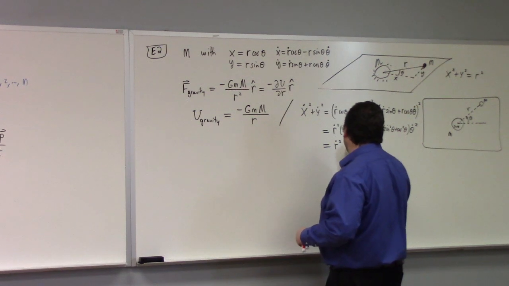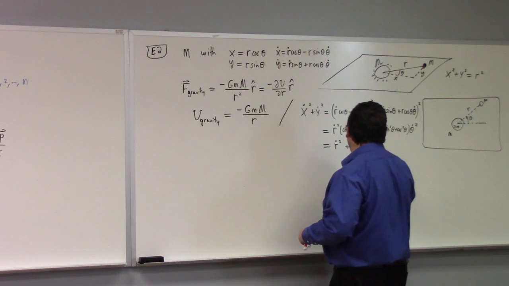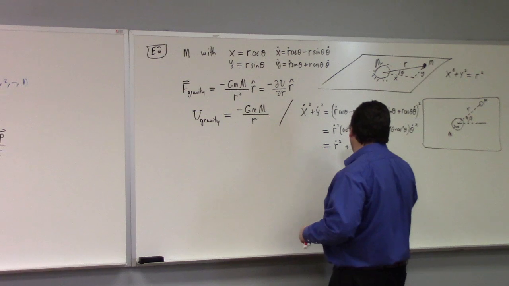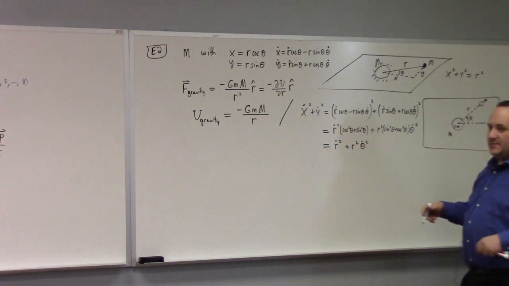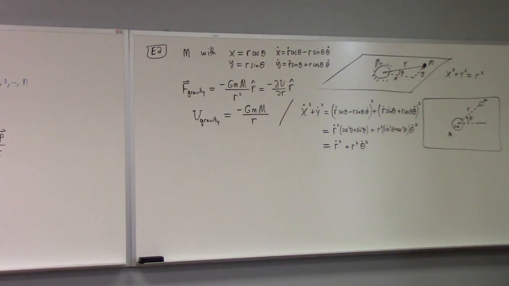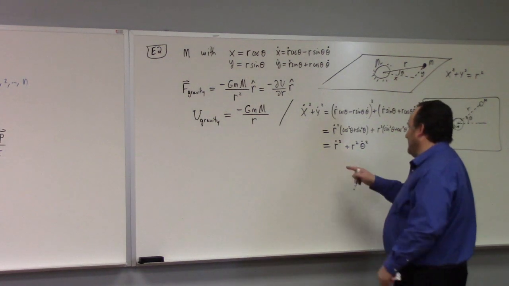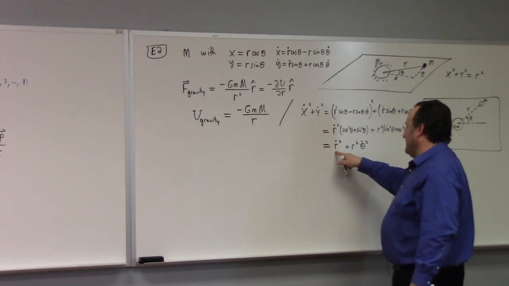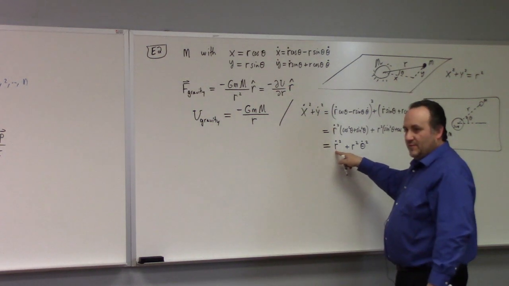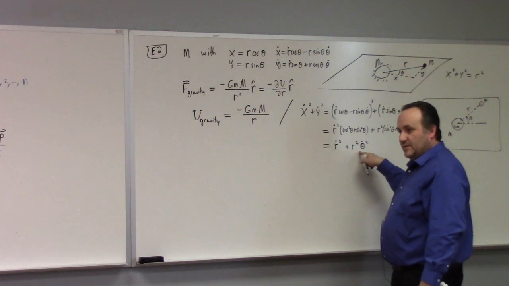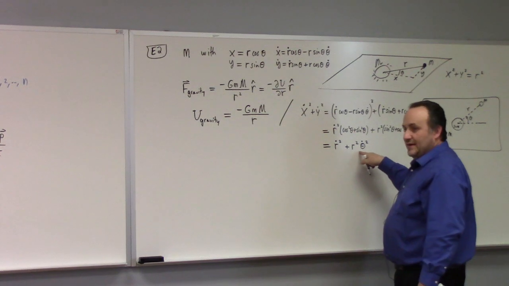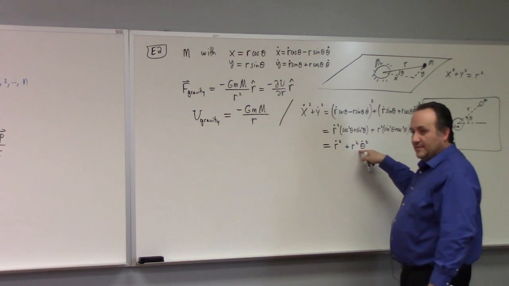Okay, so there is the speed in polar coordinates. Maybe you can recognize this. It's the radial velocity squared plus the tangential velocity squared, because Vt is r omega.